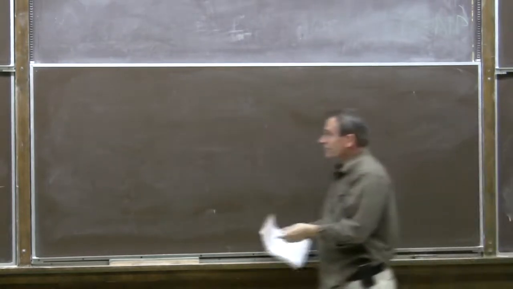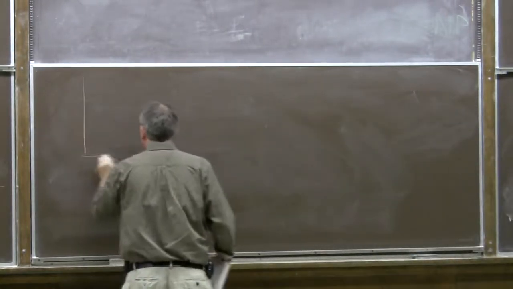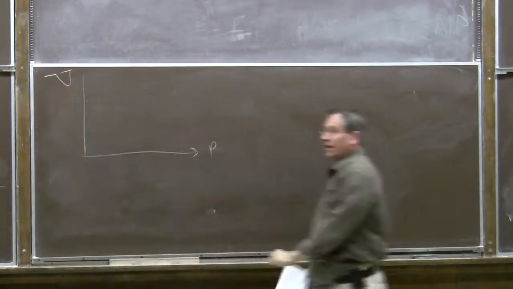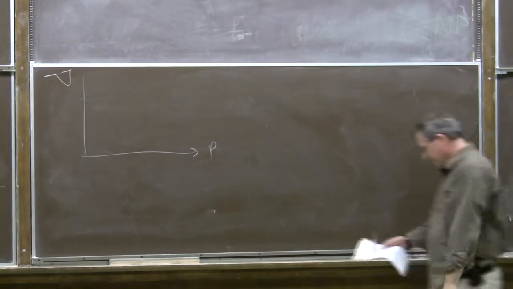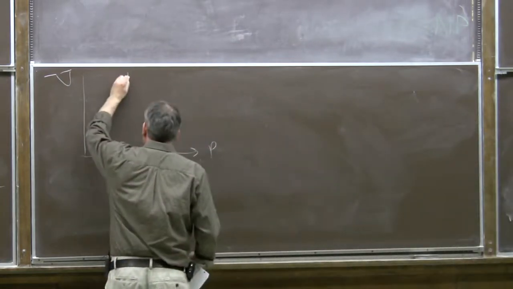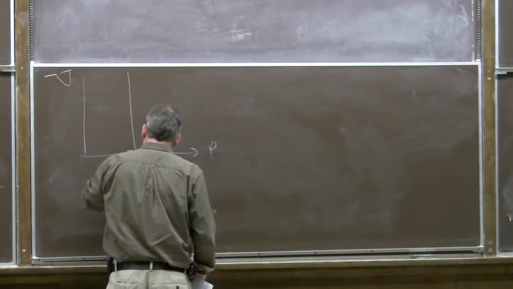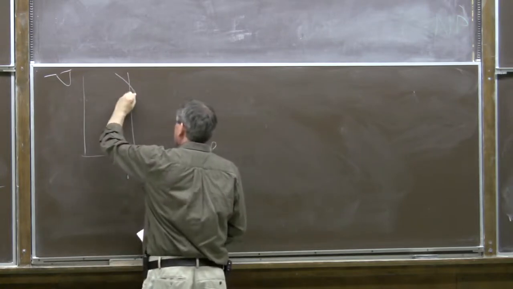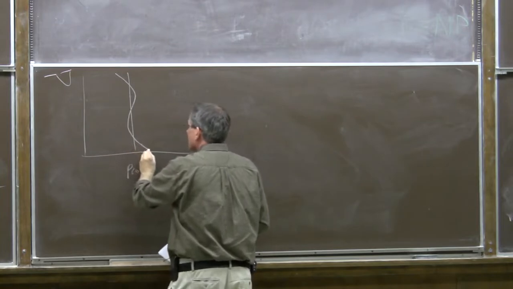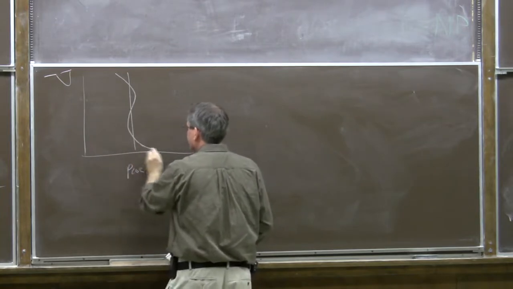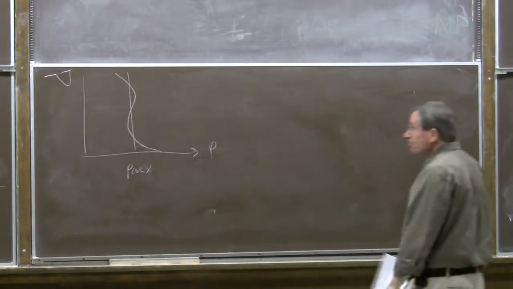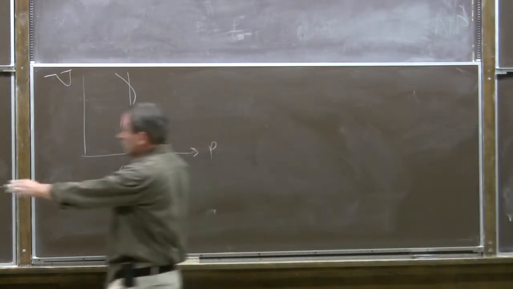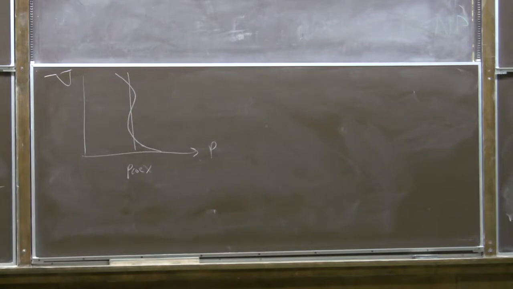We can think of expressing volume as a function of pressure, except along the isotherm it's not really a function, it's multi-valued. If this is the coexistence pressure, then volume as a function of pressure looks kind of like that. Yeah? Here is the two point integral, wouldn't that be... Right.